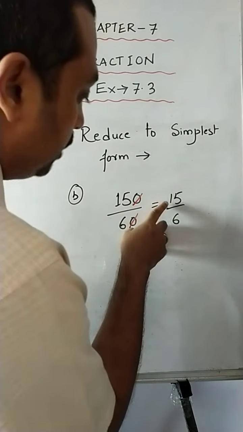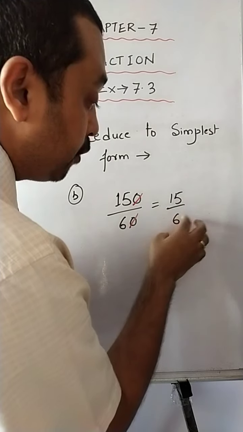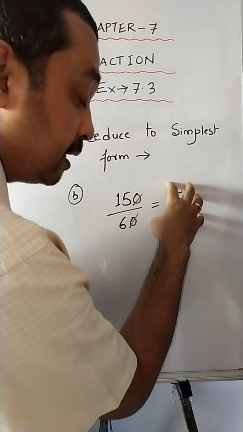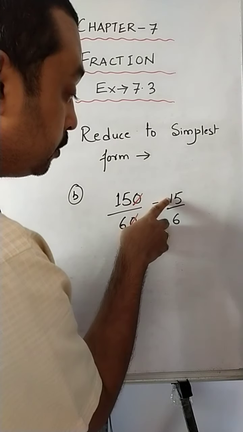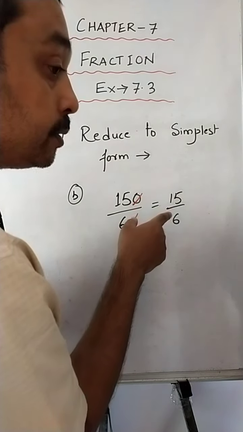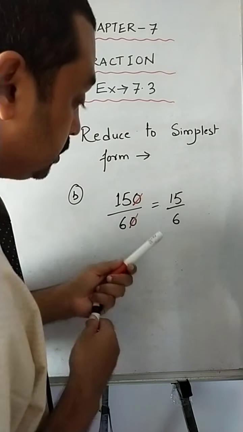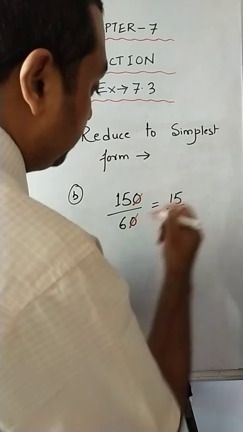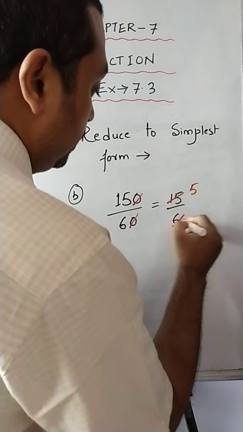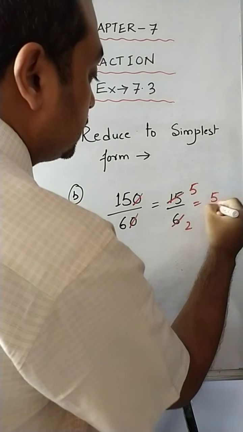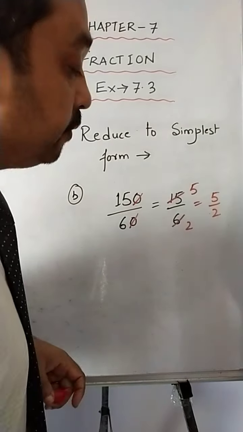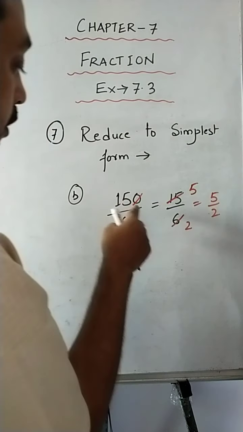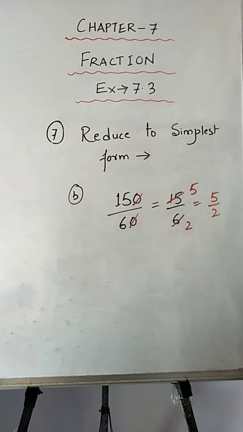Now can you say this is in the simplest form? No. Why is this not in the simplest form? Because the numerator and the denominator can be reduced by 3. So just reduce this. 3 5s are 15, 3 2s are 6. So now it is in the simplest form because 5 and 2 share only 1 as a common factor. So this is the simplest form of 150 by 60.